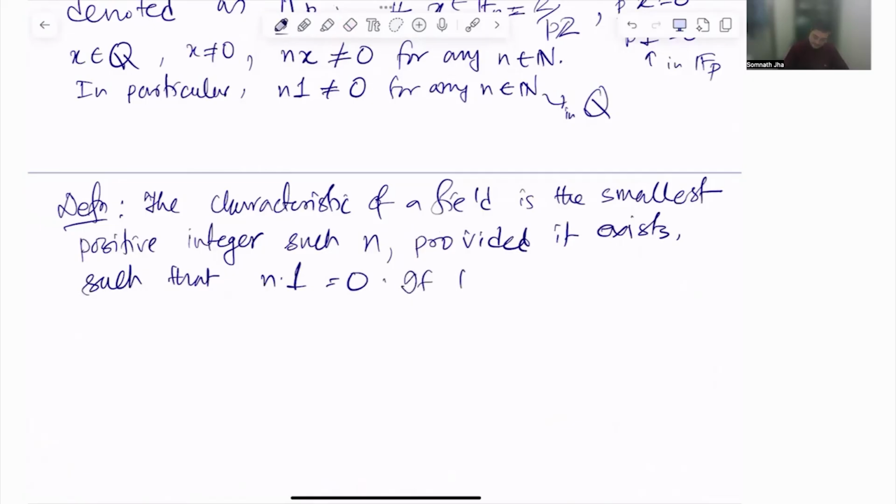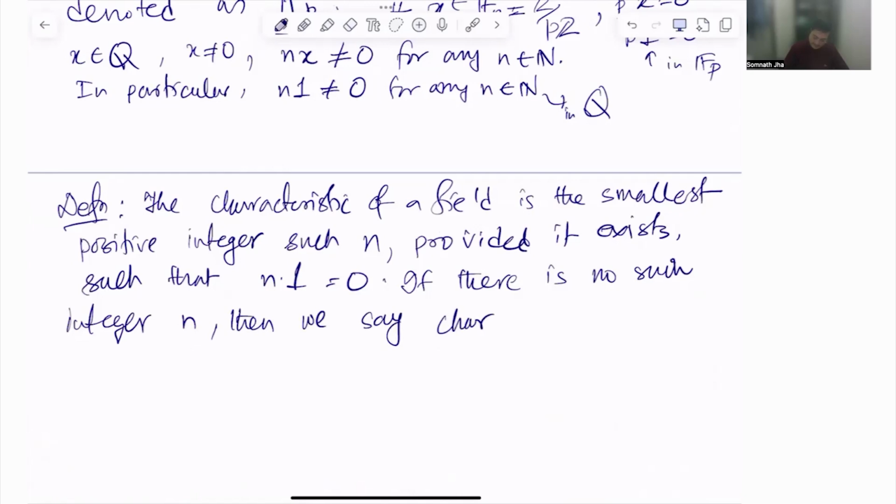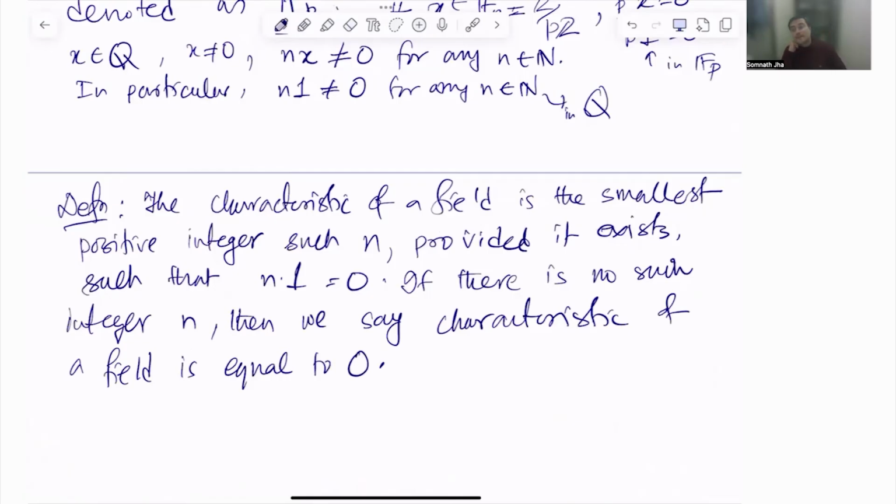If there is no such integer, then we say the characteristic of the field is equal to 0.